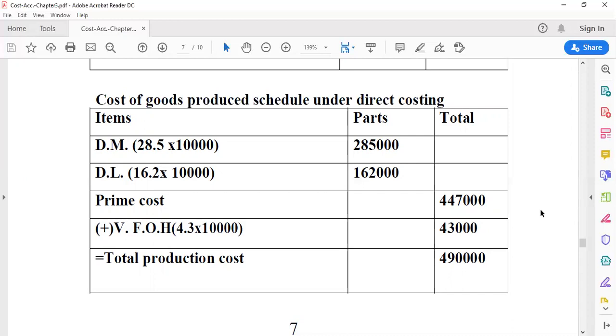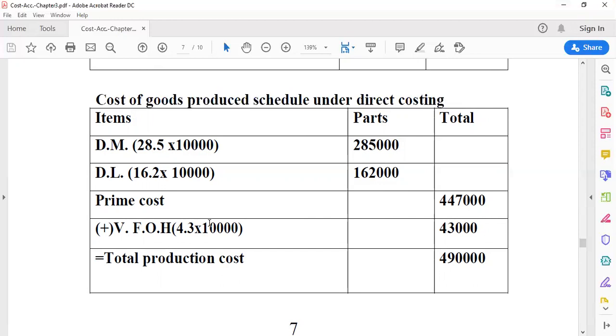Why the units produced, not the units sold? Because here we are simply calculating the cost of goods produced schedule. There is no need for the cost of goods sold now.